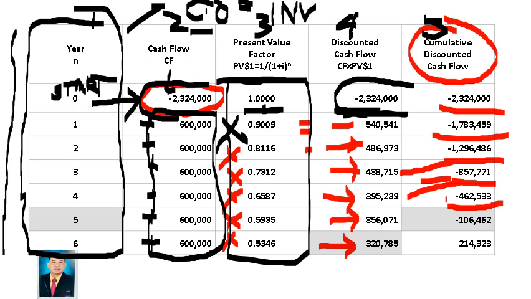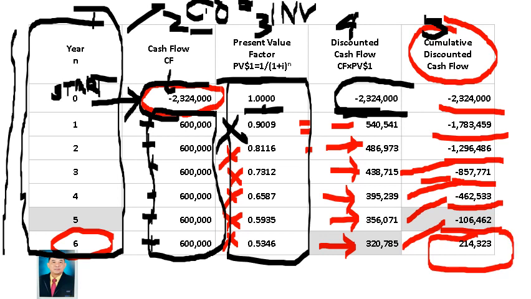And 462 minus this one is still negative. On the 6th year, it is now negative 106 plus positive 320, so that 214 has no more negative sign. It is already positive. Therefore, the recovery is between 5 and 6 years.